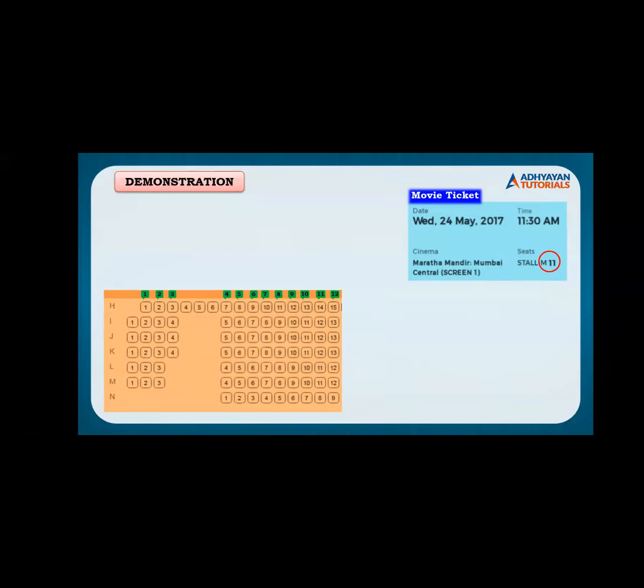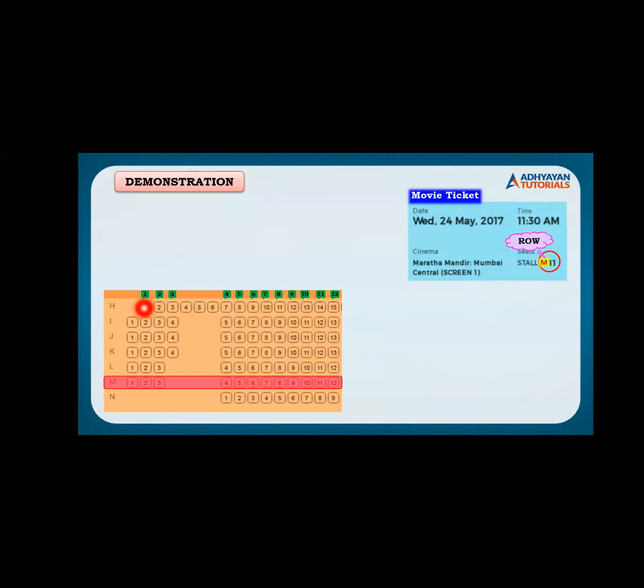Now why I said very easily, because of this number M11. Now M means the row M, right? So I'll select this particular row, which is row M, which I have highlighted in the figure as well, right here. And then 11 is basically the 11th column.